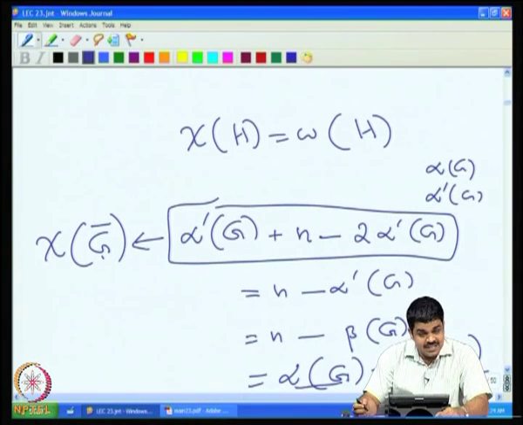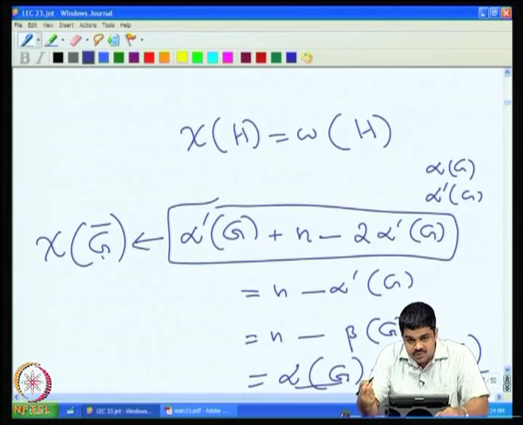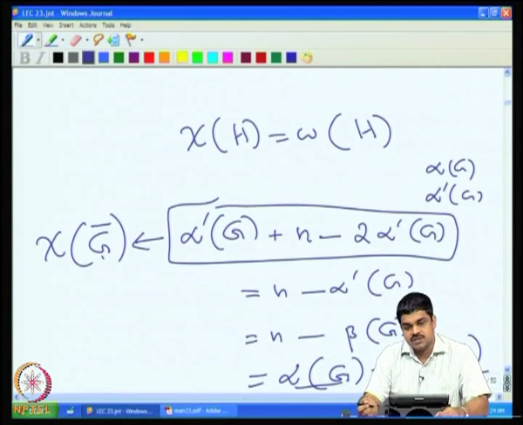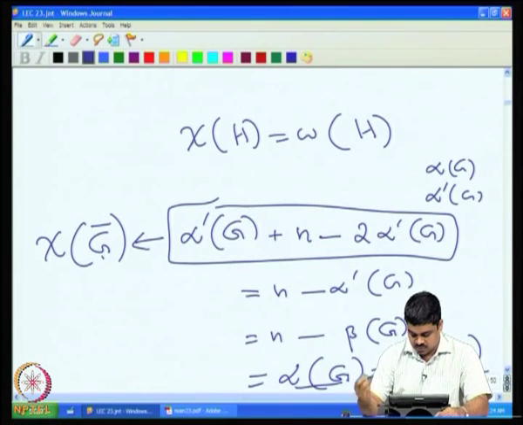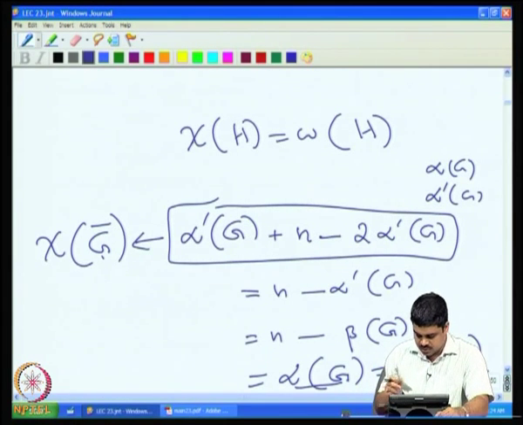Essentially, this question of whether the chromatic number for the complement of a bipartite graph is equal to the clique number translates to Konig's theorem, namely the vertex cover is equal to the matching. So, through a small translation we are using it to prove this in the corresponding bipartite graph.